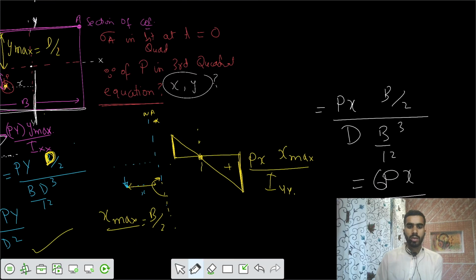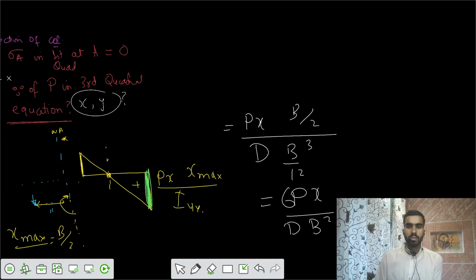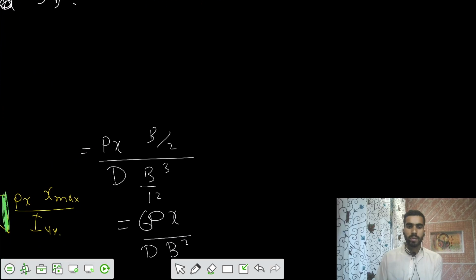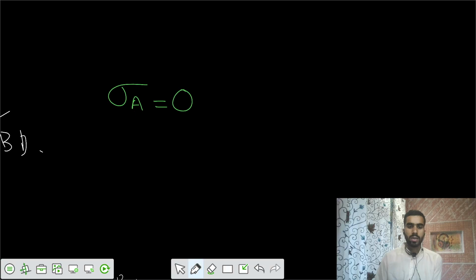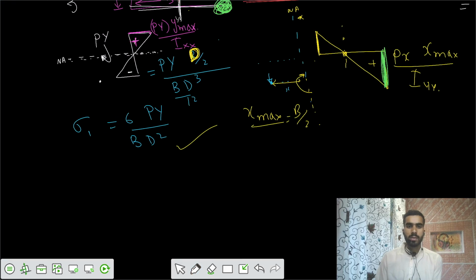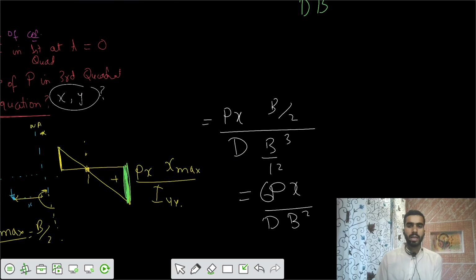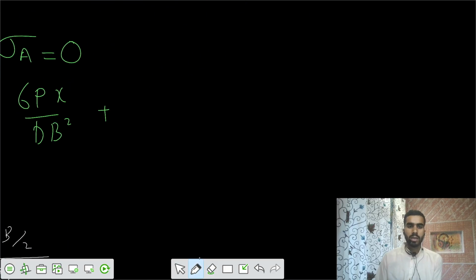So we have positive tensile stress at the point A, and on these fibers also we have tensile stresses. So I would write 6Px by d b square, and the second one is 6Py by b d square.